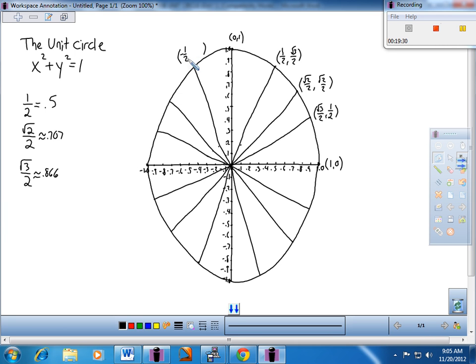Remember, in the second quadrant, x is negative. And take a look at the y values. The vertical piece should be exactly where the other one was on the other side. This one had a y value of root 3 over 2, and this one has root 3 over 2 as well. Cool. Symmetry, everyone. See it?